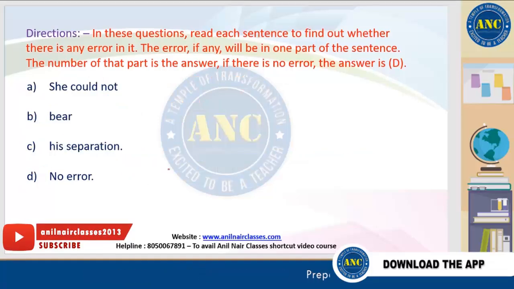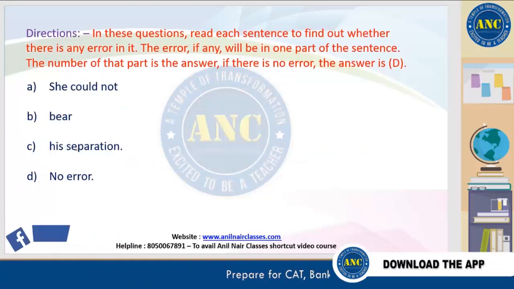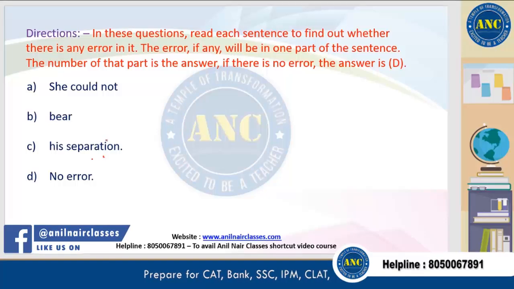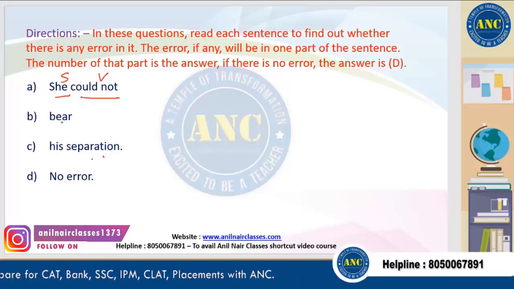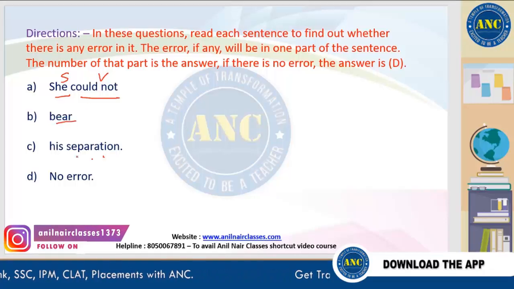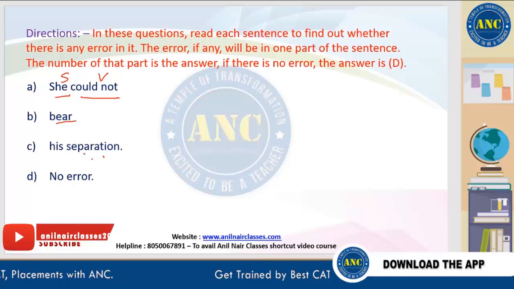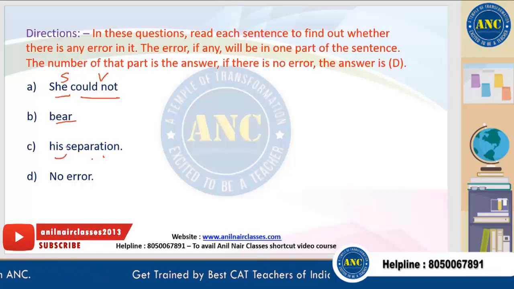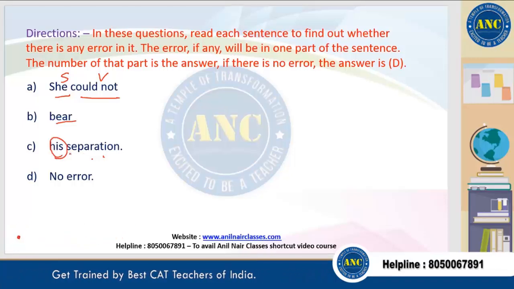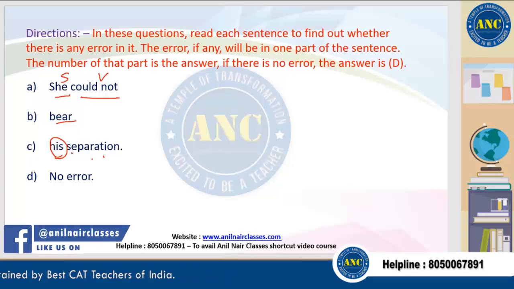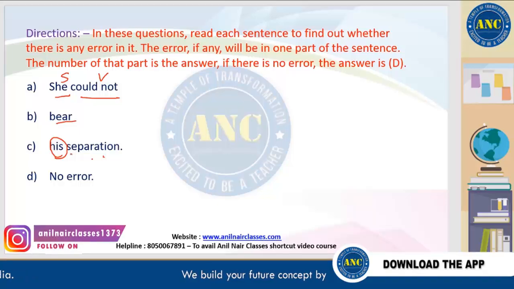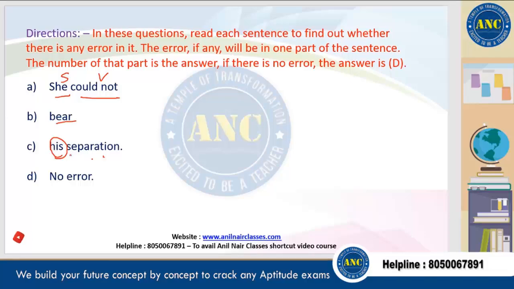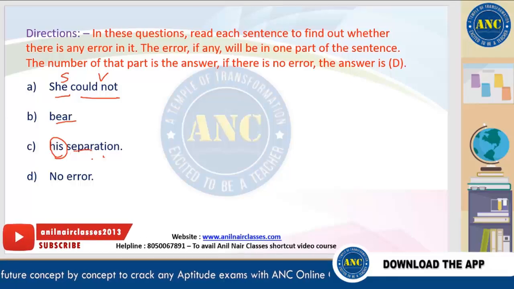Let's move ahead to the next question. She could not bear his separation. So she could not. Who could not? She could not bear what? Whose separation? See, his separation, when you say, you have to understand that we don't use the possessive word before separation, because instead of that, you have to use the phrase separation from him.